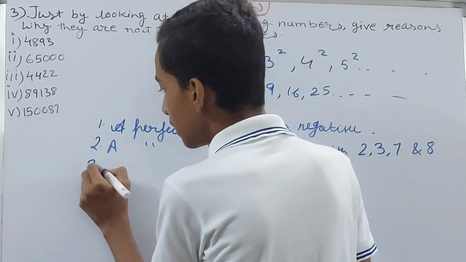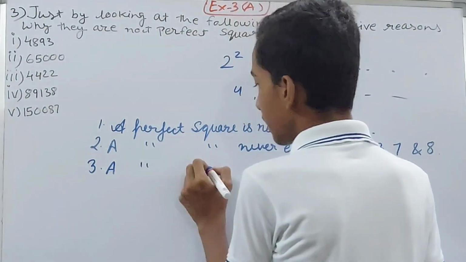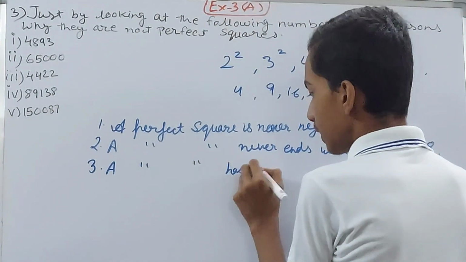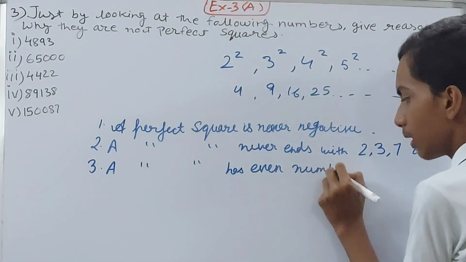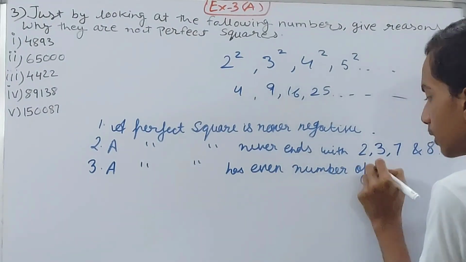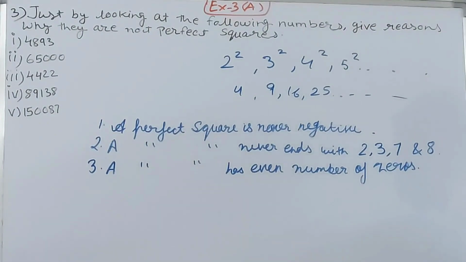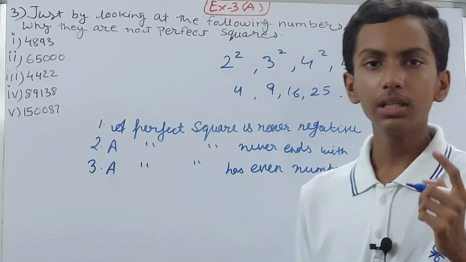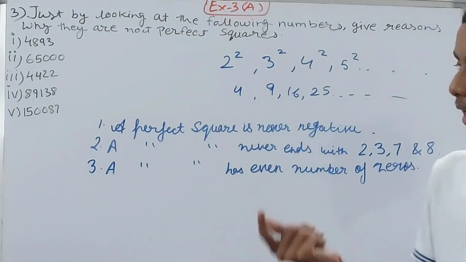Then the third one, a perfect square has an even number of zeros.